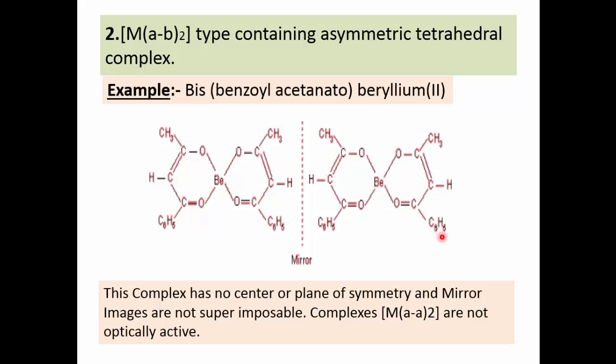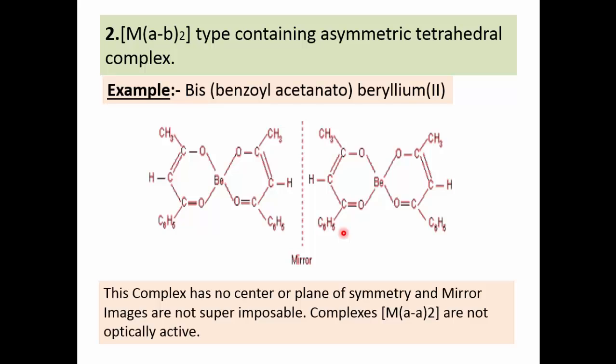Similarly, C6H5 is below the plane, this is above the plane. In this case, CH3 is below the plane, C6H5 is above the plane. Okay, got it. That means when these two isomers are placed one over the other, they are not superimposable.